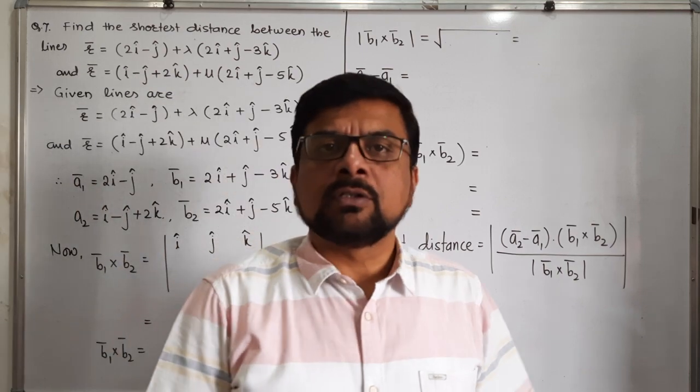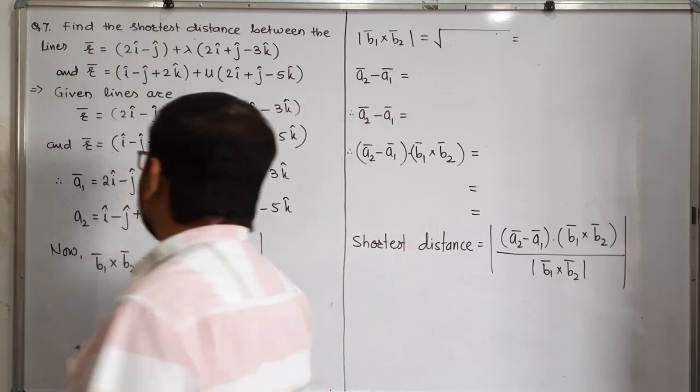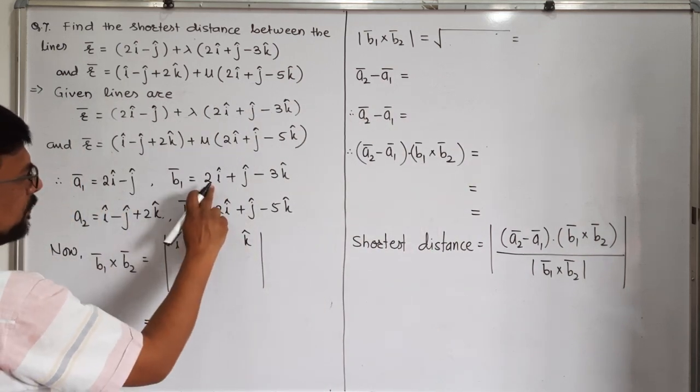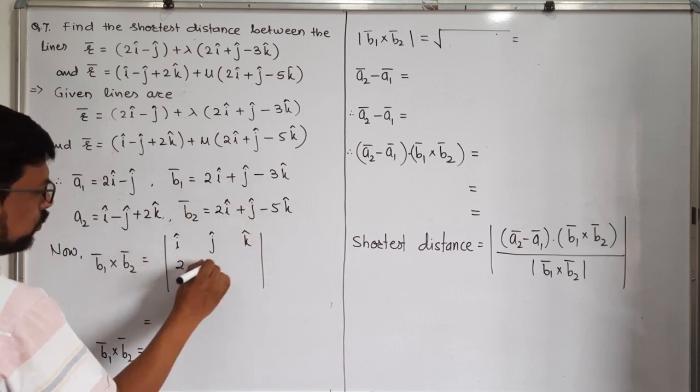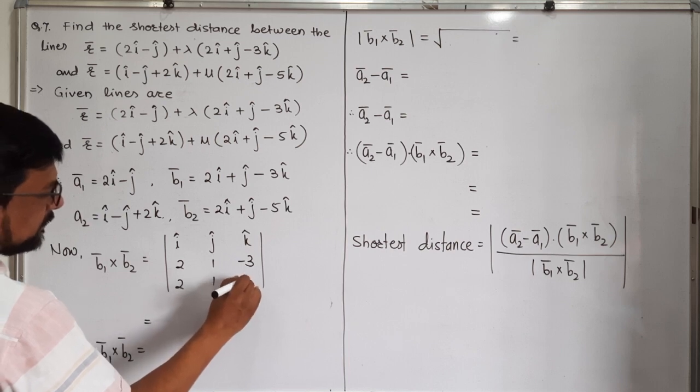These are the vectors from the given lines. Now first of all we'll find b1 cross b2. This is i j k. Components of b1 are 2, 1, minus 3, and b2 is 2, 1, minus 5.